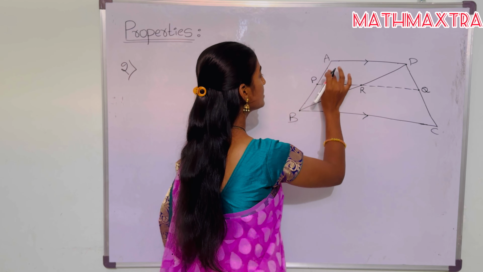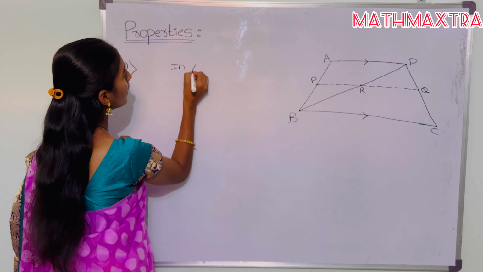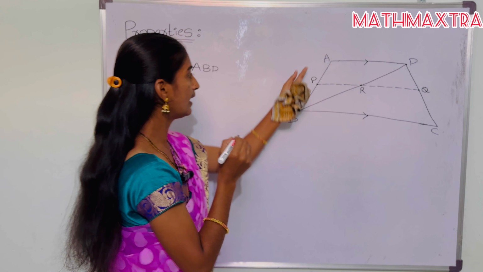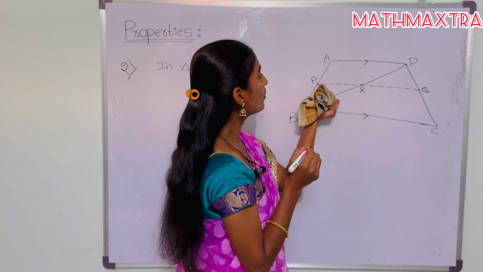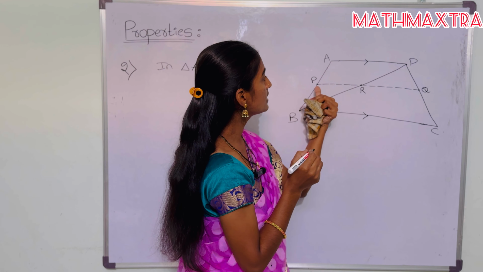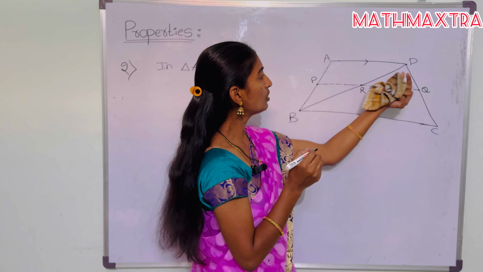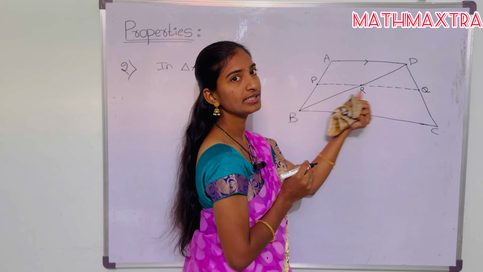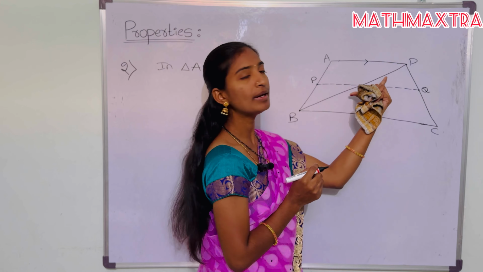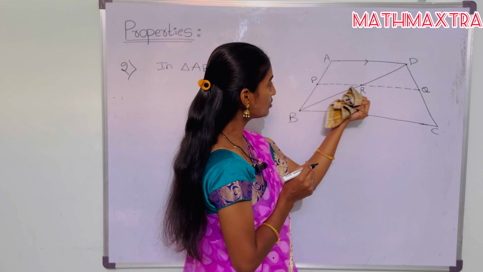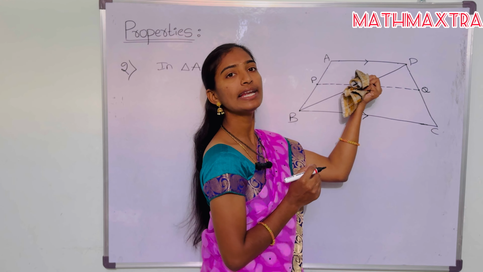So first I am considering triangle ABD. In triangle ABD, as this is a midpoint and I am drawing a parallel line joining the midpoints, this is parallel to this side, right? So according to the basic proportionality theorem, P is a midpoint and this R is also a midpoint of the diagonal. I am joining these two midpoints, so this is parallel to the third side as well as exactly half of it, right?